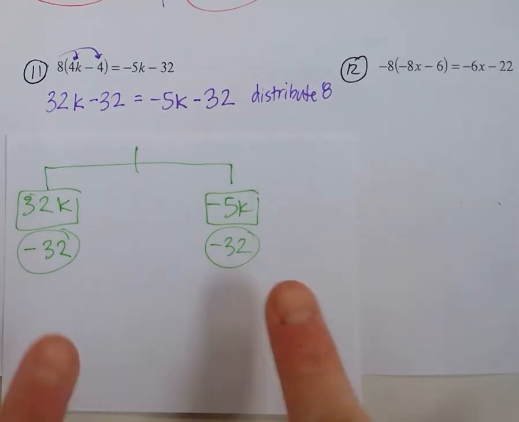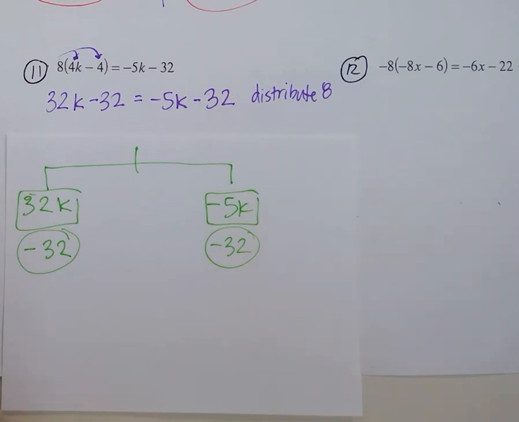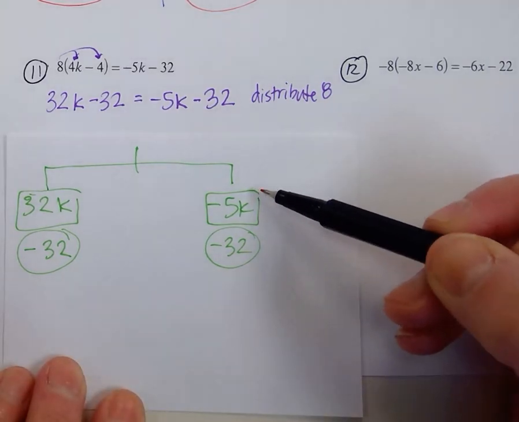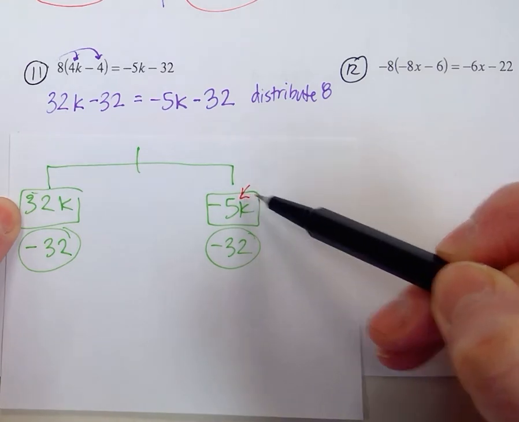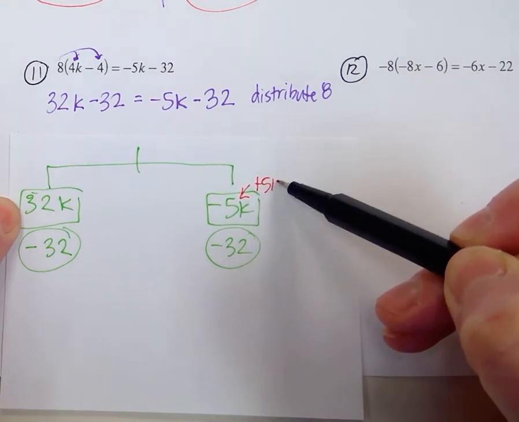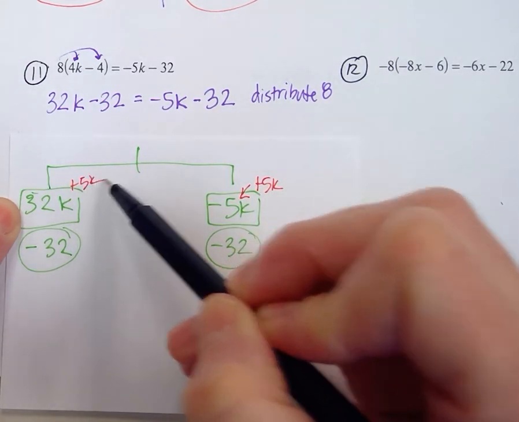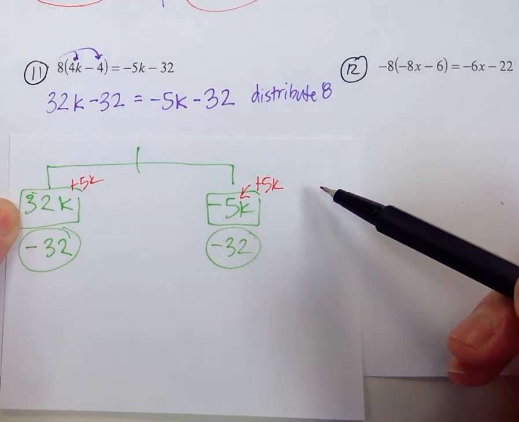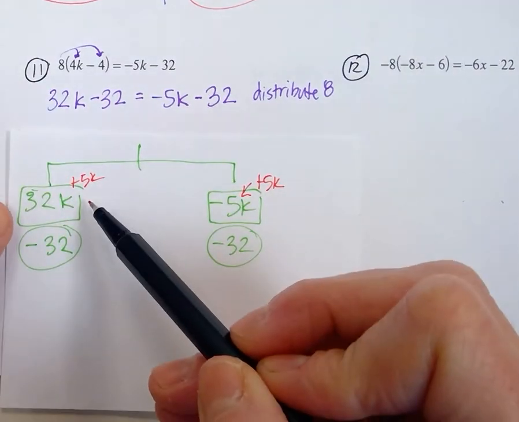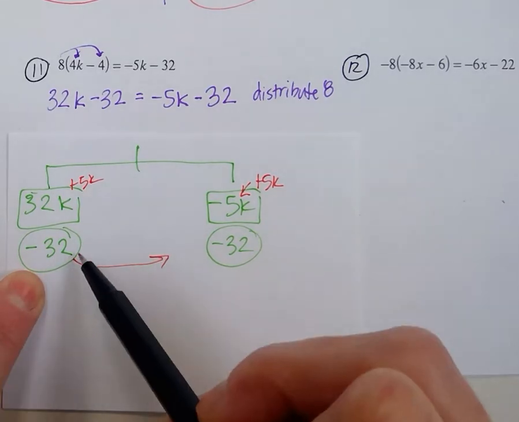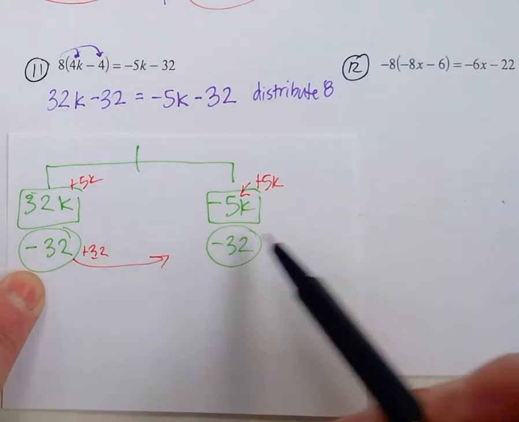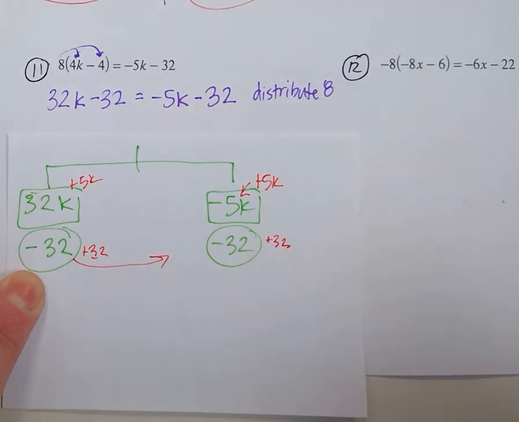So you could decide that you want the k's on the left. So if I want the k's on the left, I've got to eliminate these by adding 5k to both sides, right? And if I add 5k to both sides here, then I need to take the constants and move the constants over there by adding 32, right? That's one option.